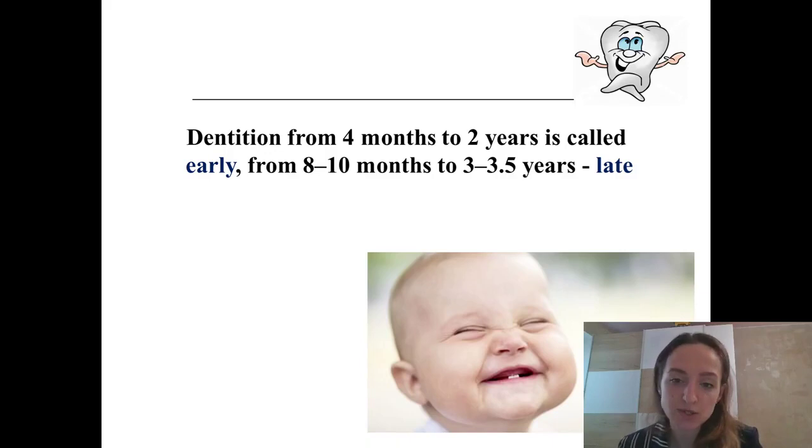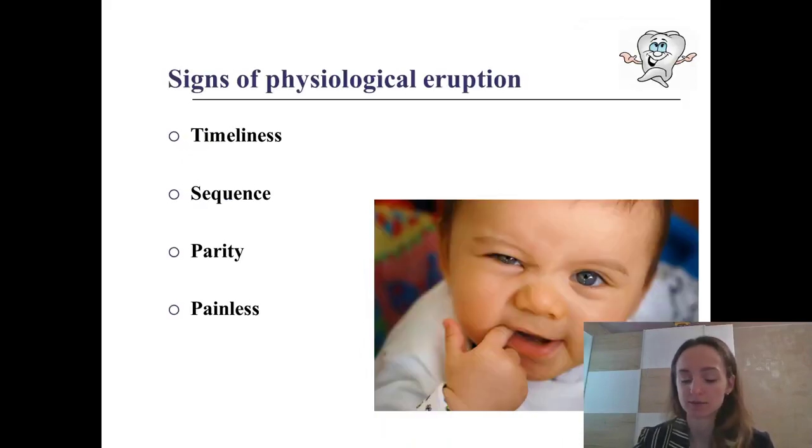Dentition from 4 months to 2 years is called early. From 8 to 10 months and up to 3.5 years we call late.